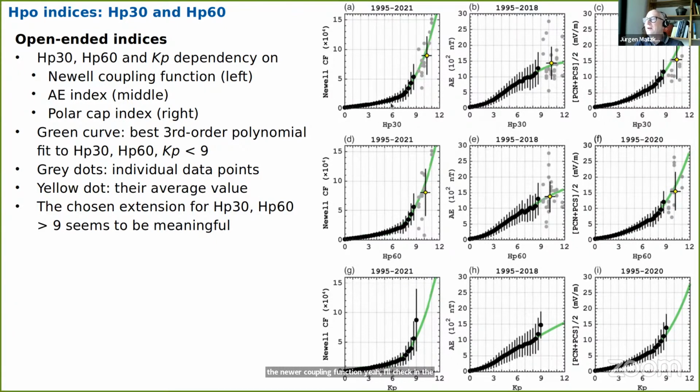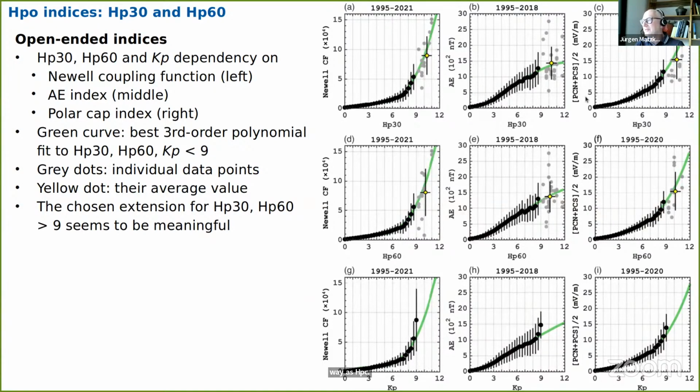And you can see here for the dark black dots, this is the index values up to 9 minus, and how they are related very similar. Like KP relates to Newell in the same way as HP60 and HP30. And the AE index and the polar cap index do the same thing.